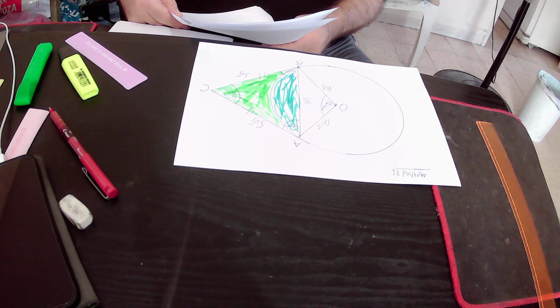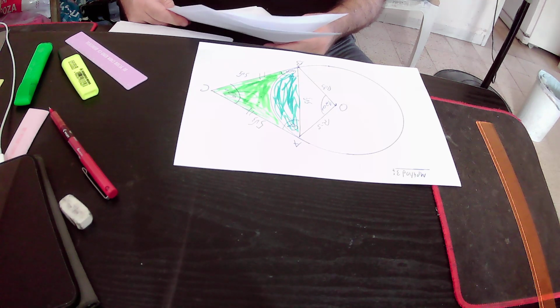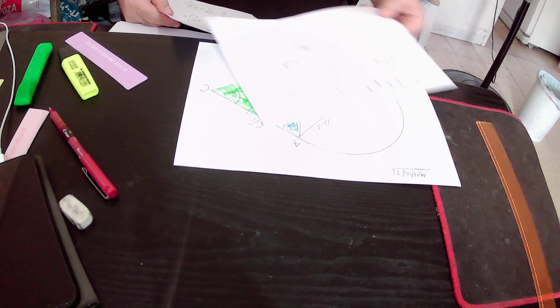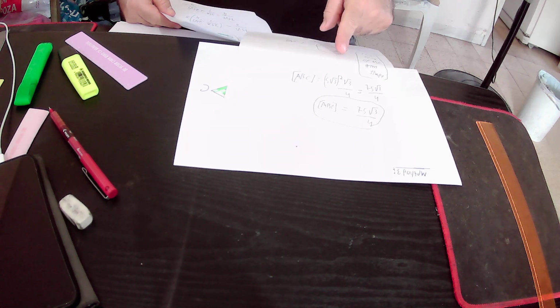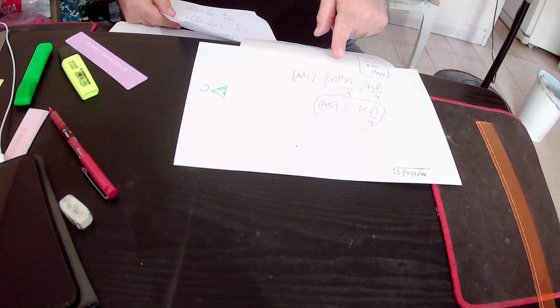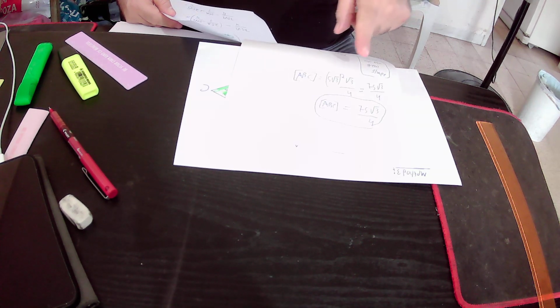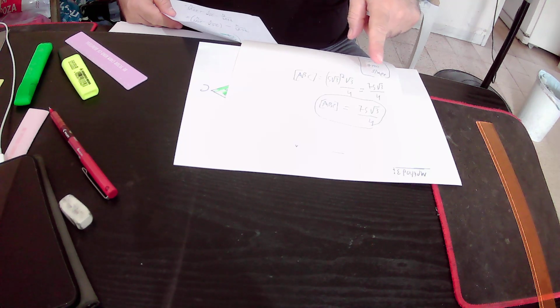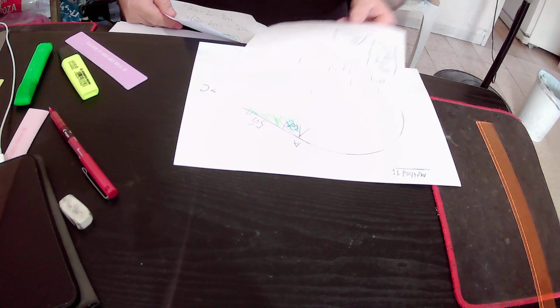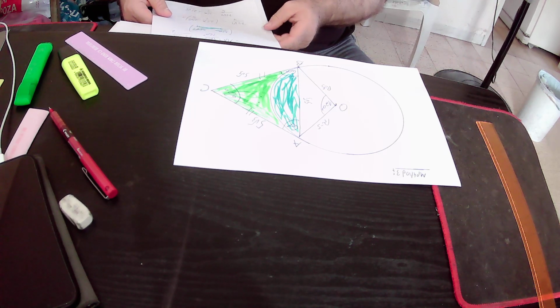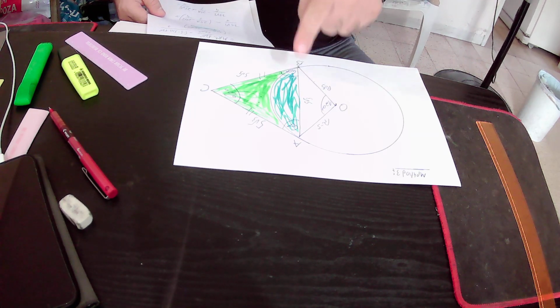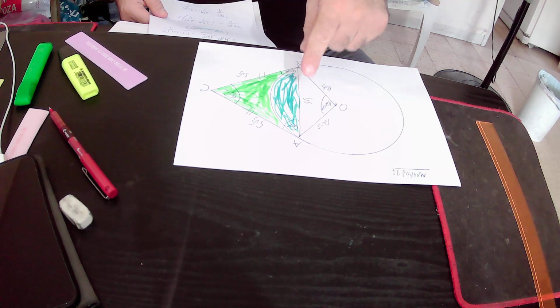so the area of triangle ABC equals the square of one side times root 3 over 4. That is to say, the area of triangle ABC equals 75 times root 3 over 4. That is the area of triangle ABC. Then we calculated the area of the blue shape.